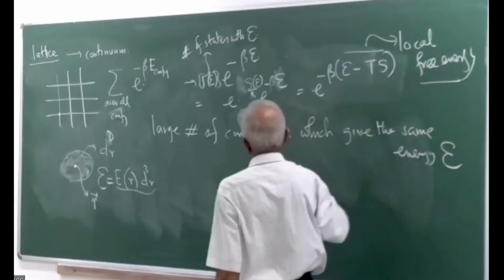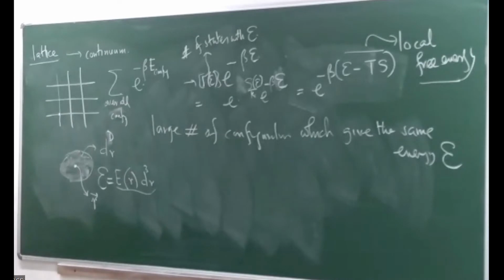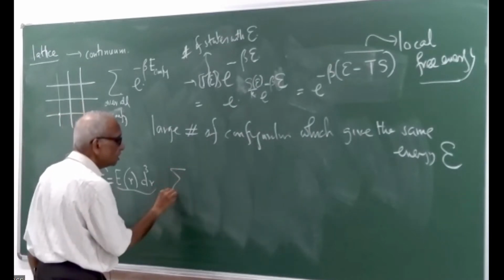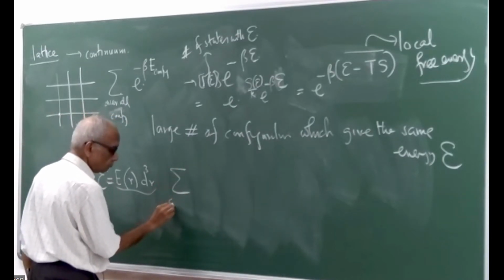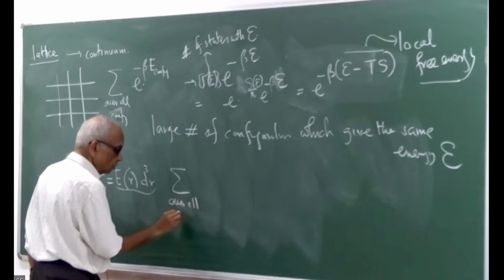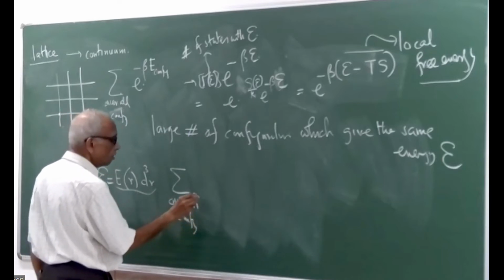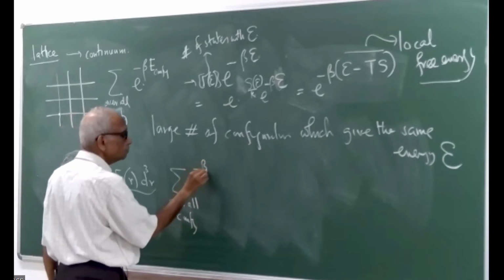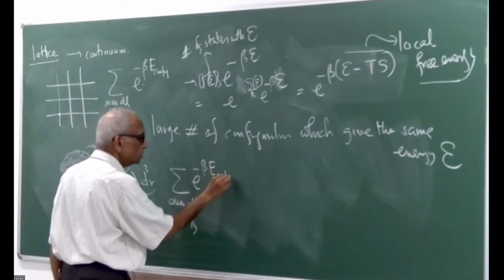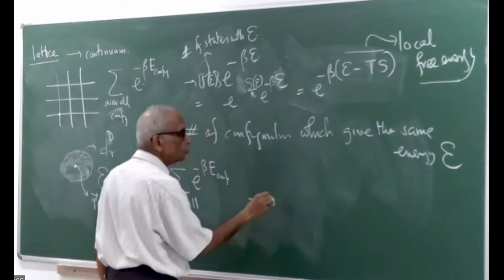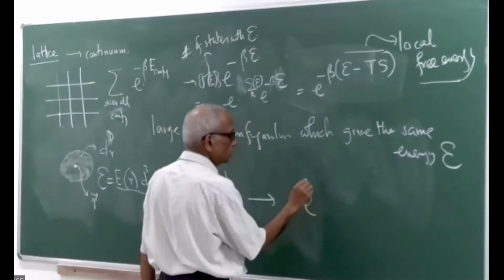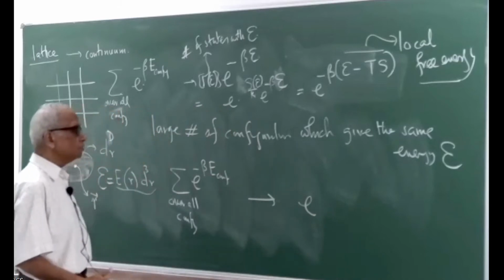So the passage from the discrete to the continuum is that the sum over all configurations of e to the power minus beta E configuration goes to, number 1, e to the power minus beta.